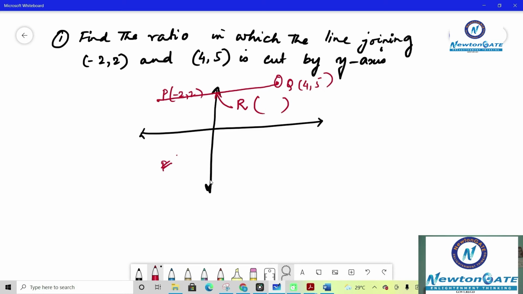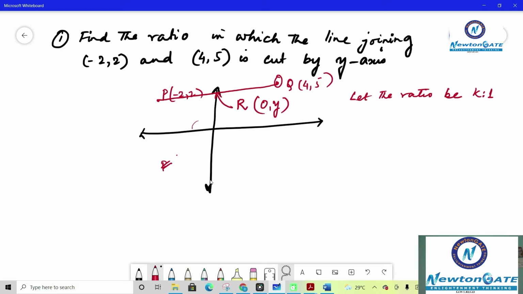Now, since R is lying on the y axis, its coordinate will always look like 0 comma y, and let the ratio be k is to 1. Instead of m is to n, we are taking it as k is to 1, where m is k and n is 1.